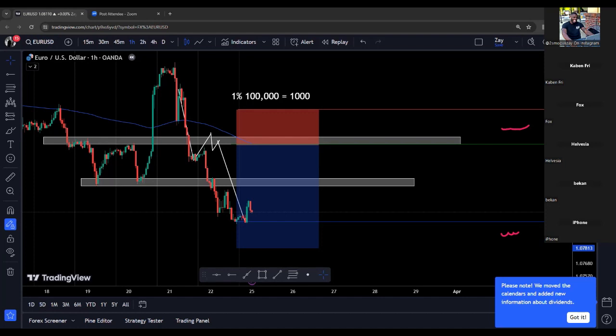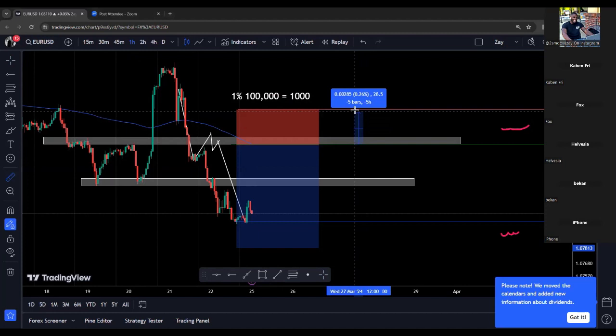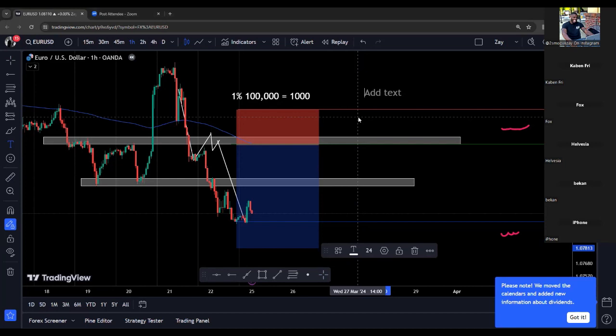Right, which is $33 a pip. All right, so now in this case, you're going to risk 3.3 lots times 30 pips, which equals $999.